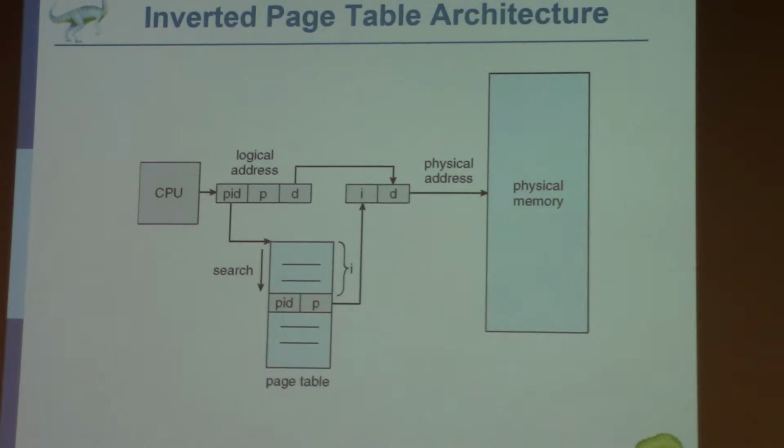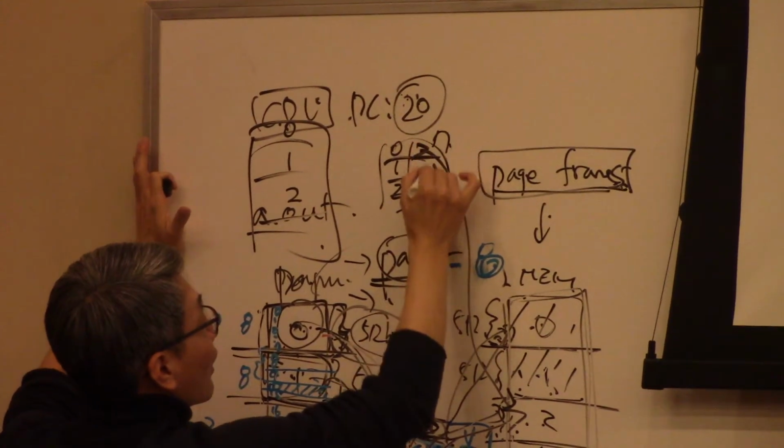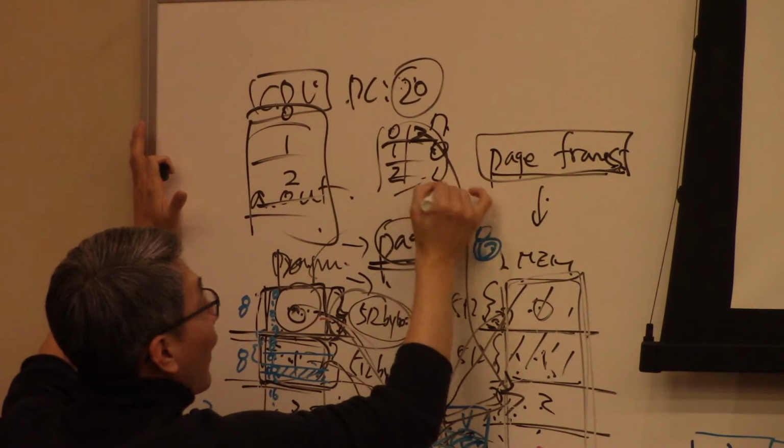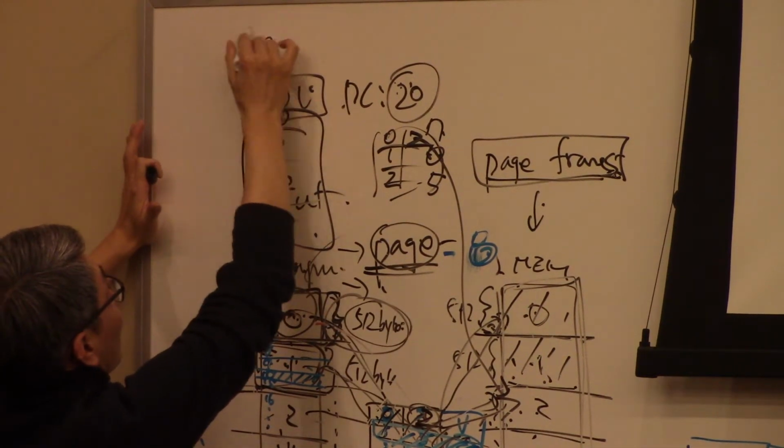Okay, the process ID has pages 0, 1, 2, then 0, 1, 2 is mapped to frames 7, 0, 5. So the process ID is 10.